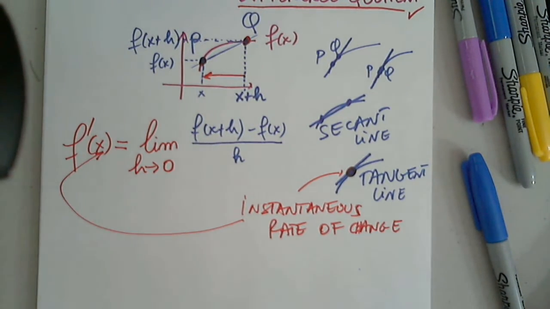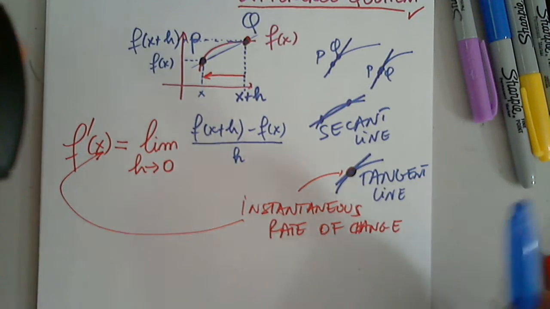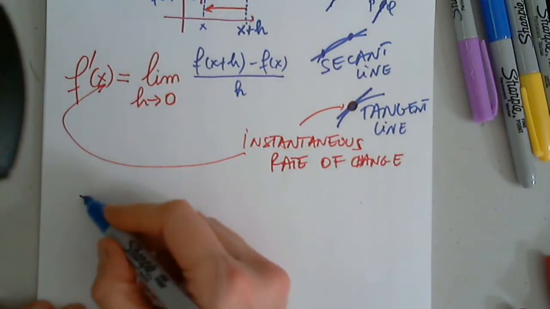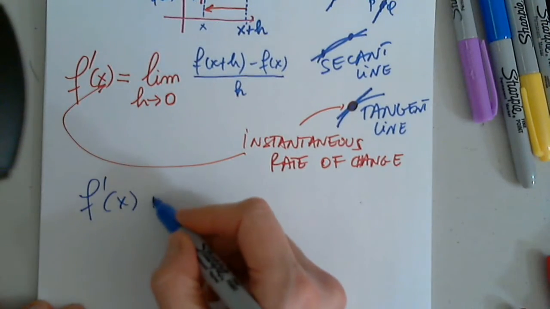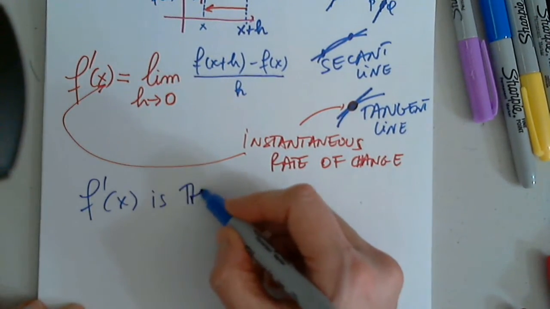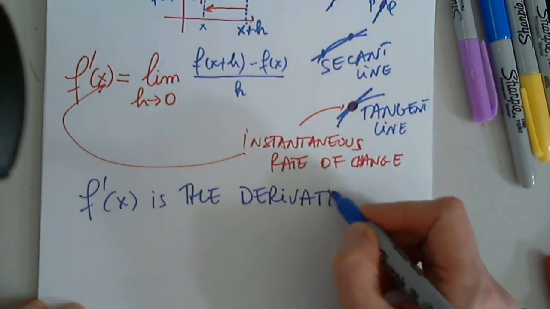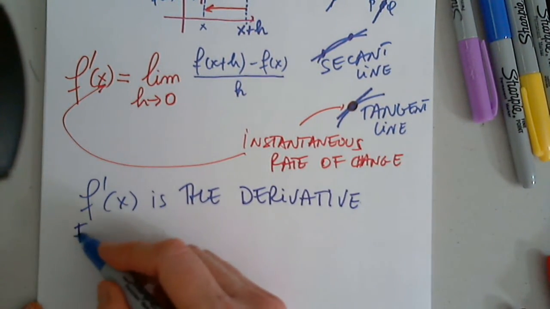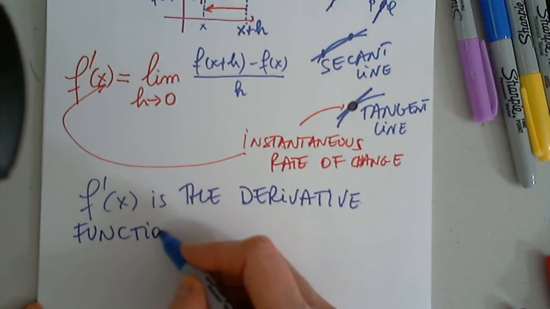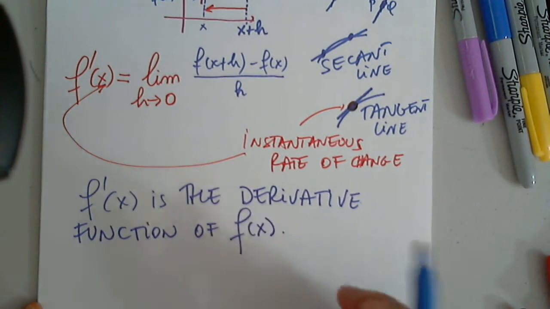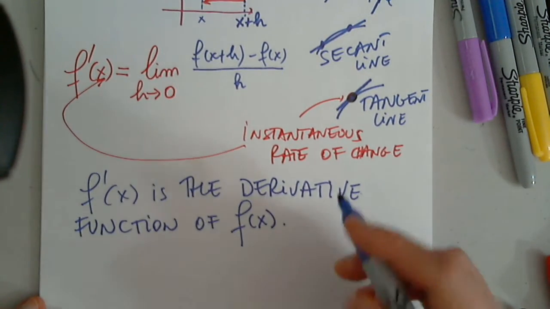So, what does f prime of x represent? Let's write it one more time. So, f prime of x is the derivative function of f of x, full stop.